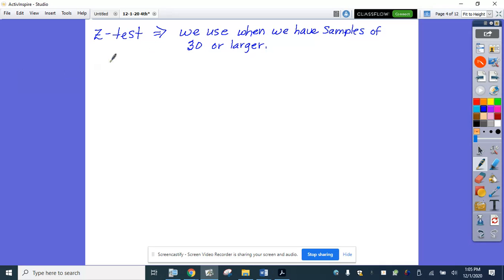So we said yesterday that if I'm going to create a confidence interval, I have to have a formula. And that formula is mu plus or minus z sub alpha over 2 times sigma over the square root of n.